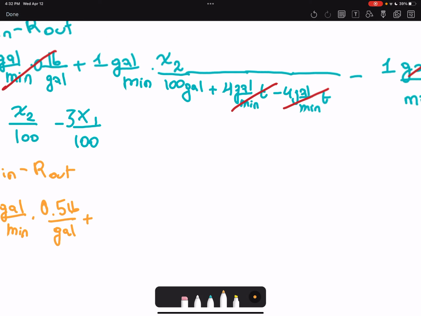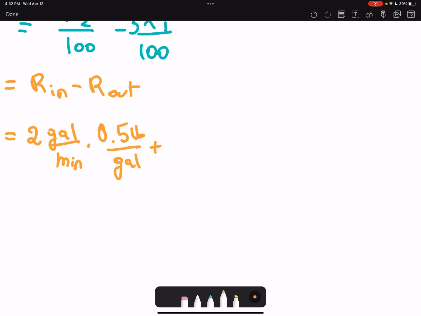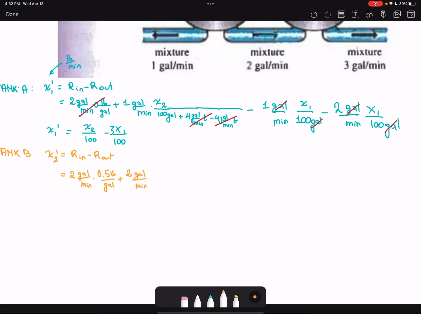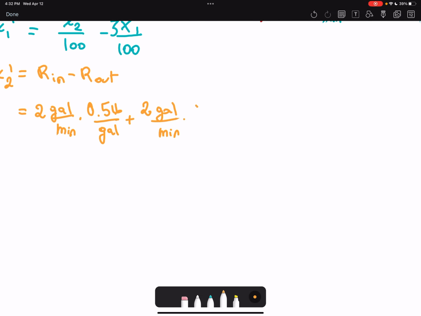And then we have something else coming in from the bottom, 2 gallons per minute at the concentration. Well, that water is coming from this A, so that's going to be the concentration of A, which is x1 divided by 100.